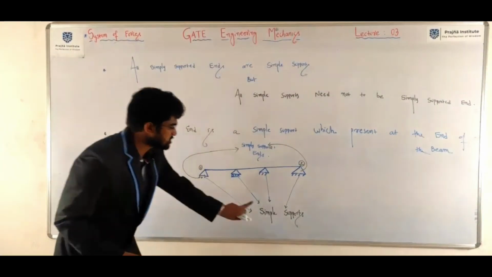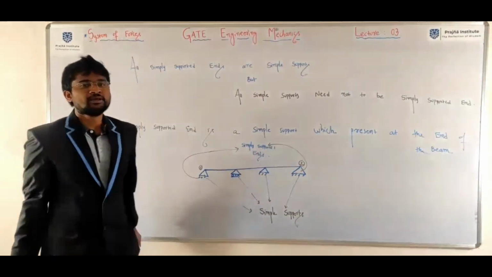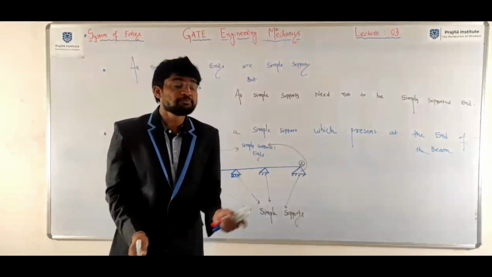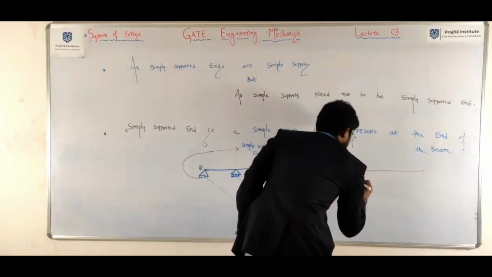What is the difference between simple support and simply supported ends? Okay, simply supported beam contains simply supported ends. This is called simply supported beam.